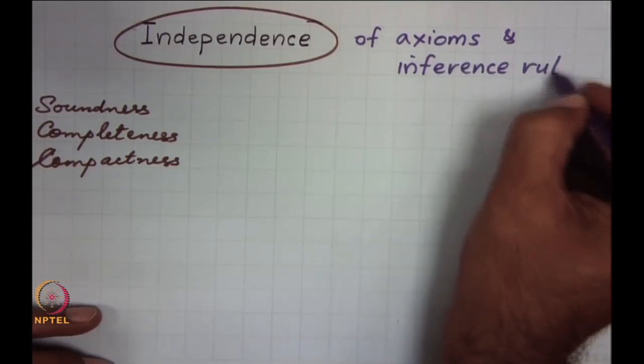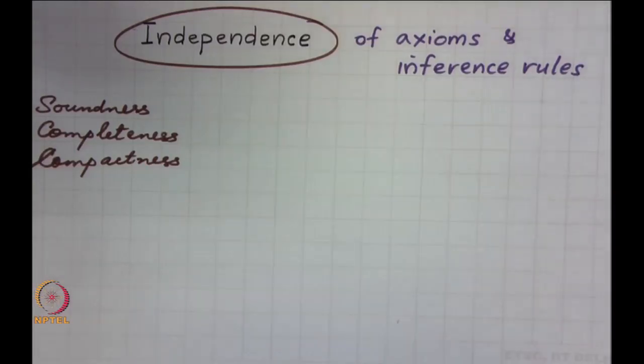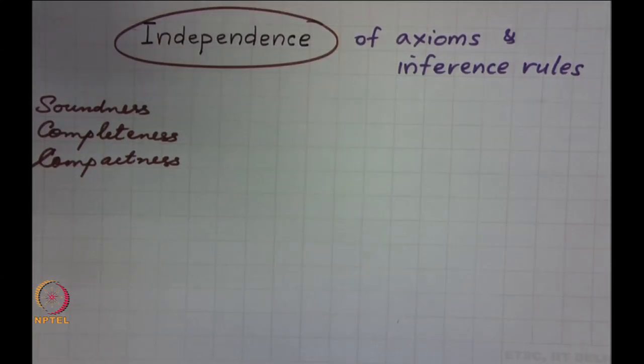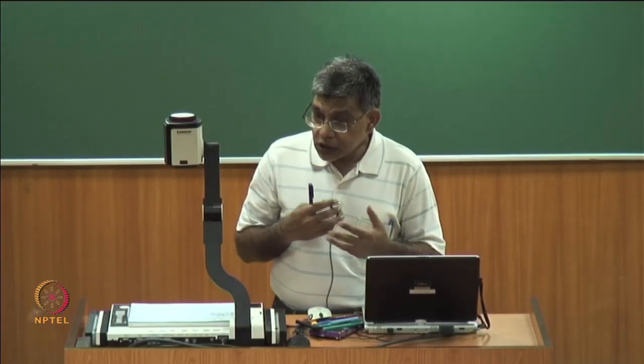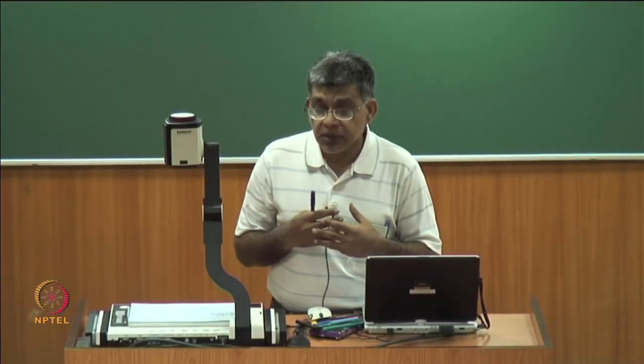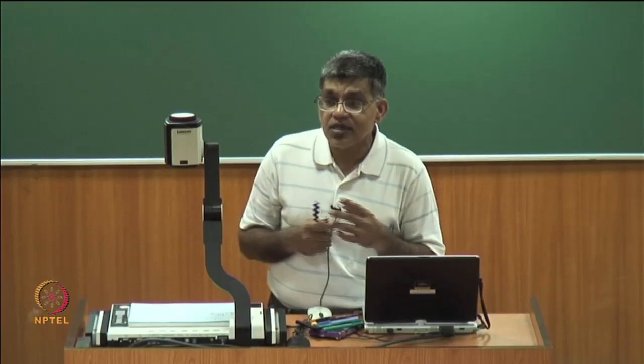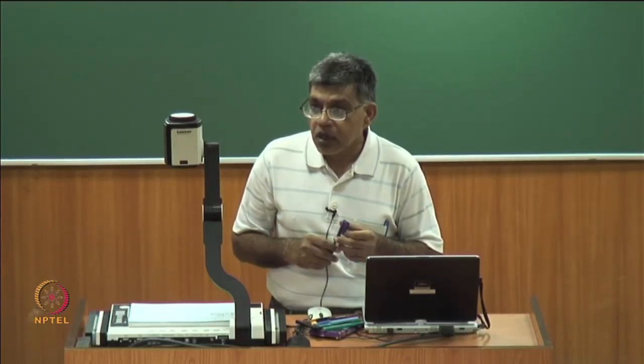One important thing which needs to be shown, especially in a minimal system, and the Hilbert system was supposed to be a minimal system, is that the axiom schemas of the Hilbert system are mutually independent.